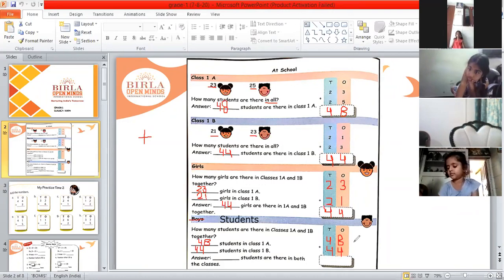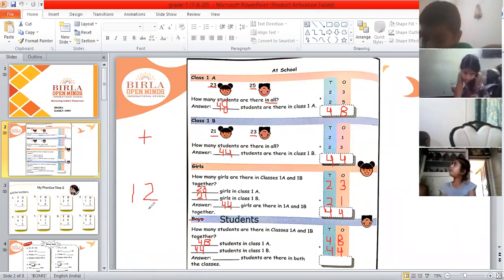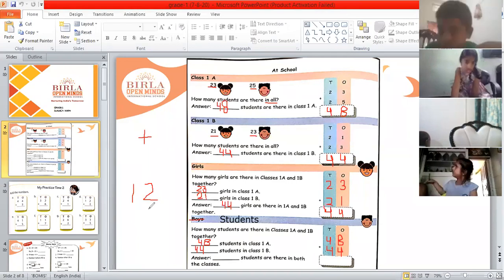Now, you don't know how to write 12. See here, children, I will tell you. I'm writing here in this blank space. 8 plus 4 is 12. Now, you cannot write this 12 together in one's place because 12 is a 2-digit number.